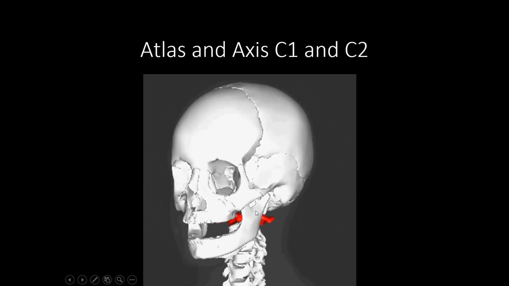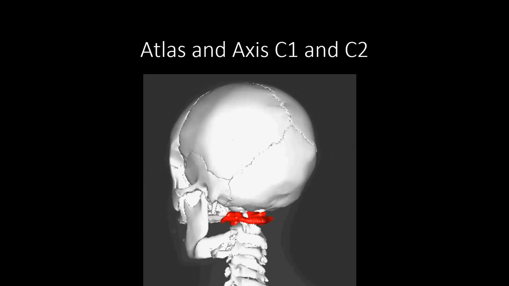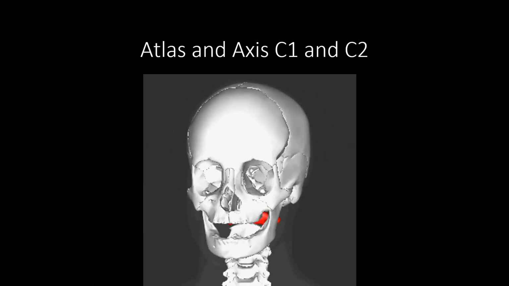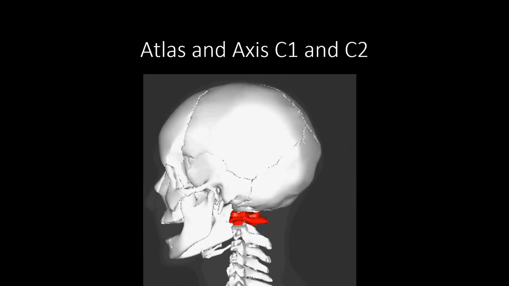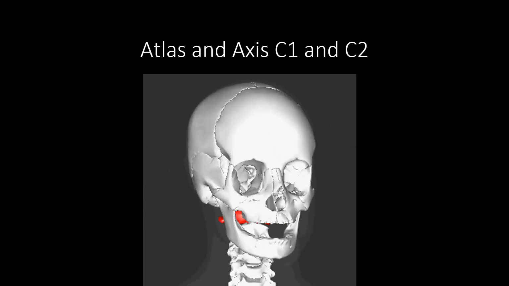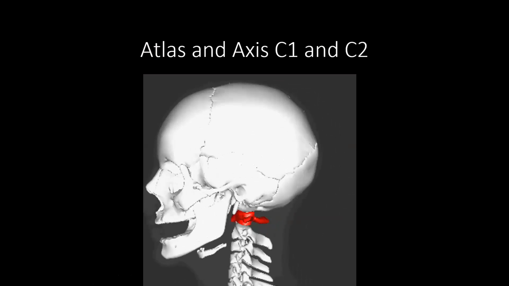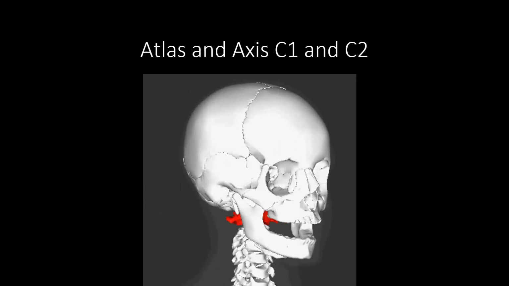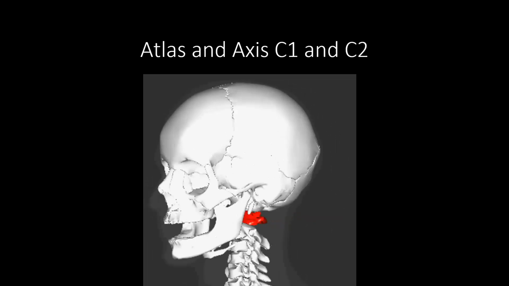There's one right there resting on top of the atlas. Now these structures are a little different in their shape. They don't have the same transverse process, spinous process, intervertebral foramens that we see on the other vertebrae. They're a little bit different. But there's C1 right there, holding up the skull.